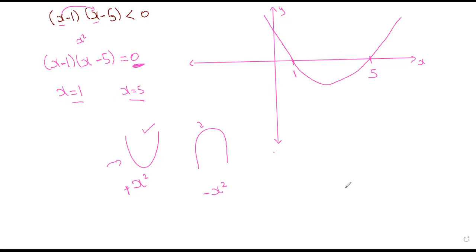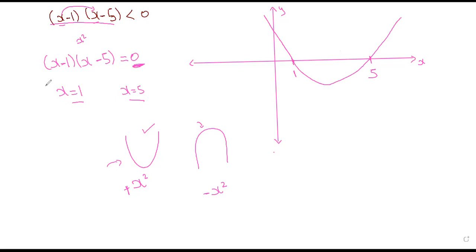I repeat, this was your question. You need to find the range of x satisfying this inequality. I told you for quadratics, you cannot think about it the way we think about it for equations. This basically claims that the product of these two factors is negative, which means that one of them would be positive and one of them would be negative.